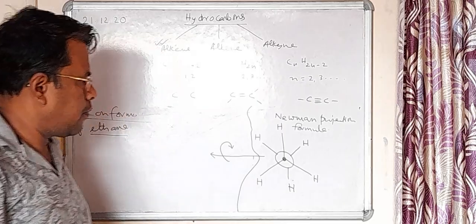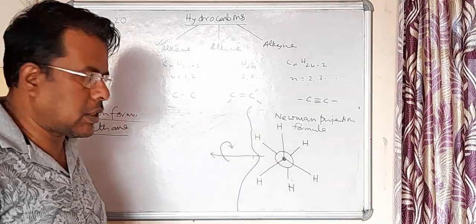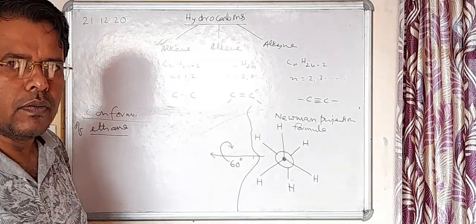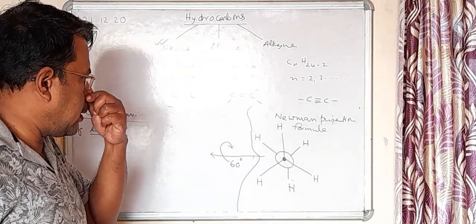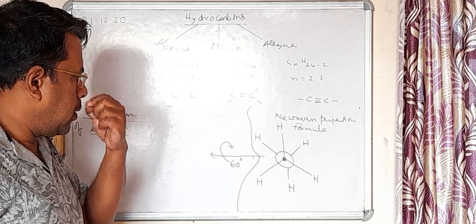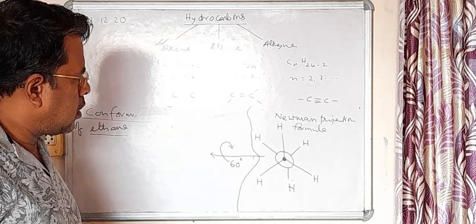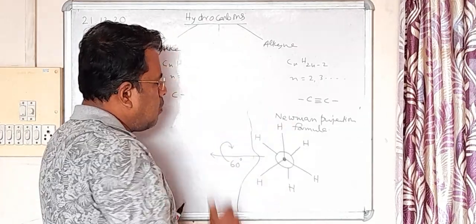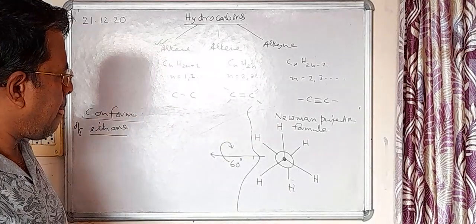And let us rotate it by 60 degrees. Why 60 degrees, that you will understand later on. So suppose the front carbon atom is fixed and the rear carbon atom we are rotating by 60 degrees.